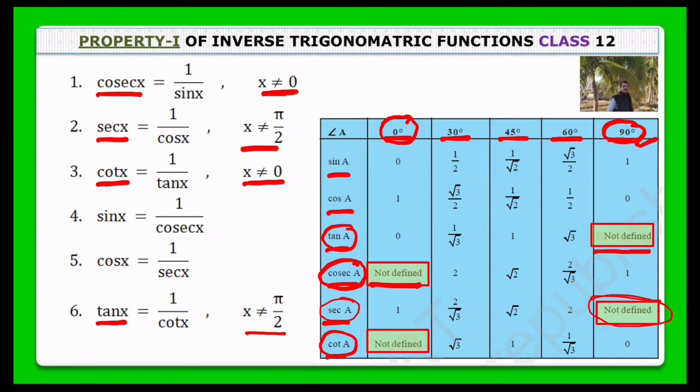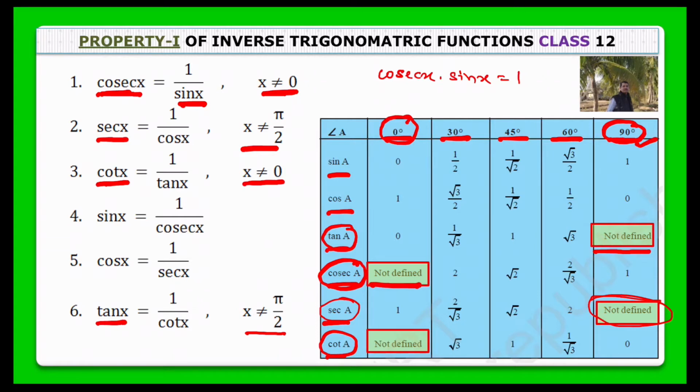In class 10th we discussed and we learned how we can convert one function to another, and what the relation is. We observed that cosec x and sin x can be written as cosec x equal to 1 upon sin x, or we can say the product of these two, cosec x into sin x, equal to 1.